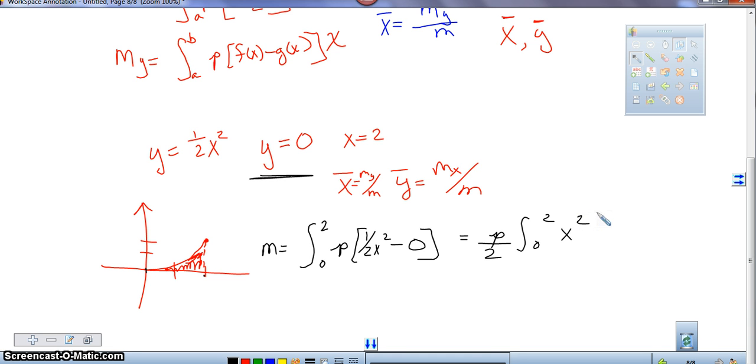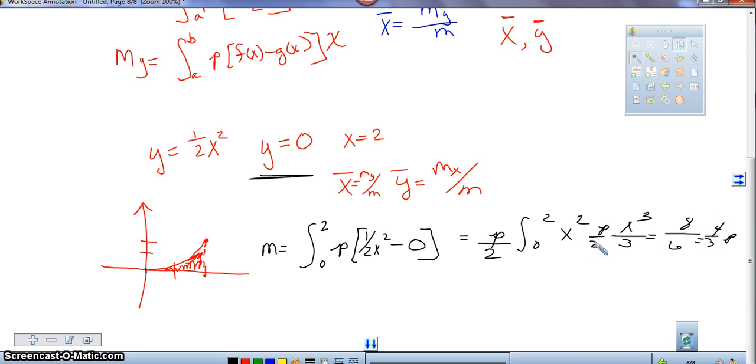So then let's just integrate real quick. X cubed over 3 times rho over 2. If I put 0 in there, I get 0. If I put 2 in there, I get 8 over 6, which is 4 over 3 times rho.